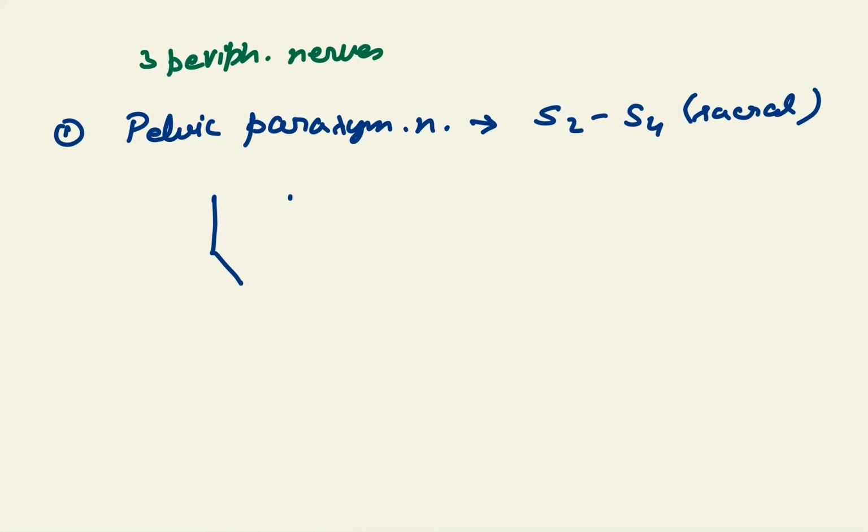Let us understand this: here is S1 to S4, the nerve supply. These nerves go and land up in the pelvic ganglion, and from here the nerves relay to the urinary bladder.